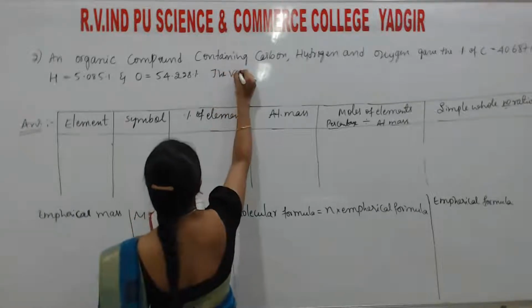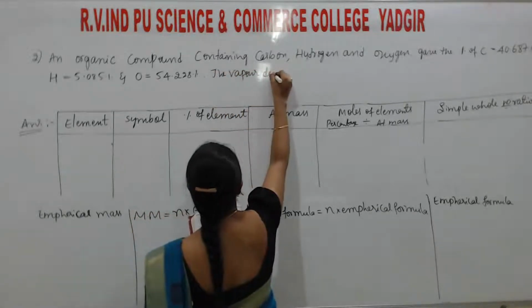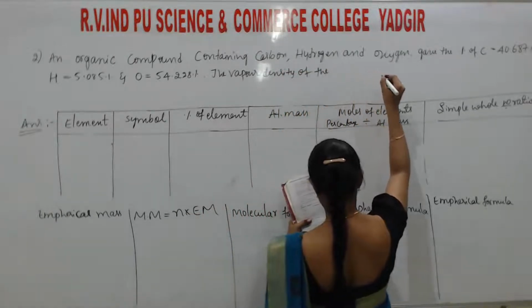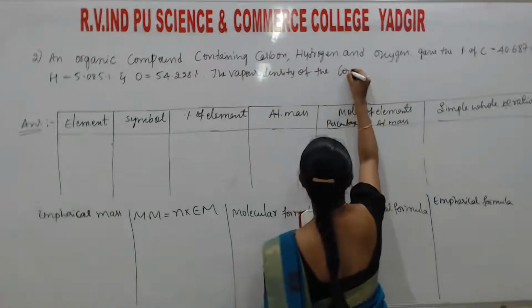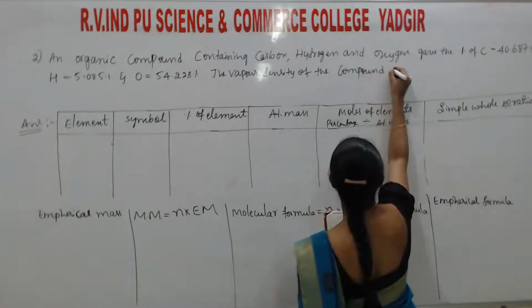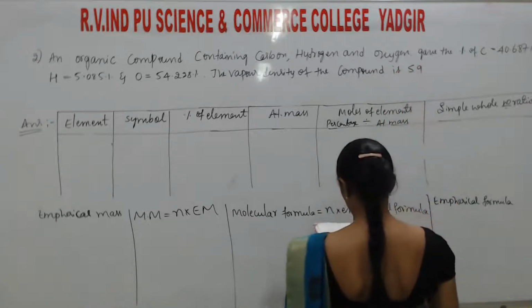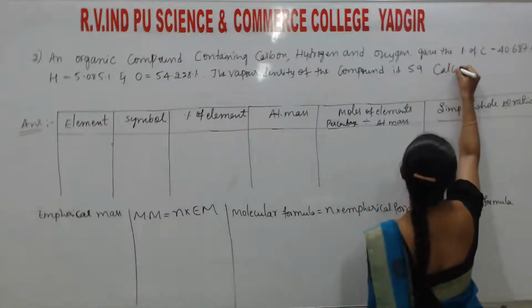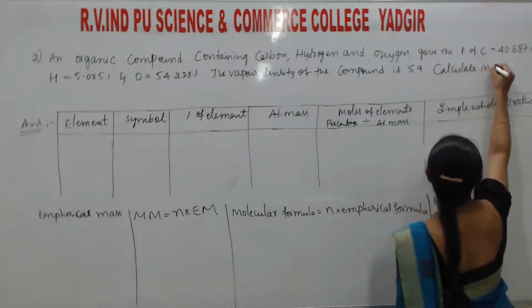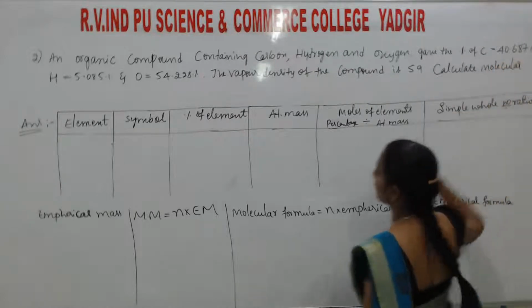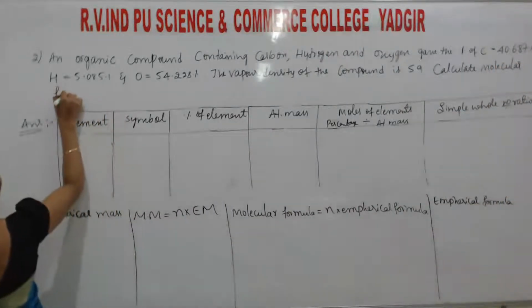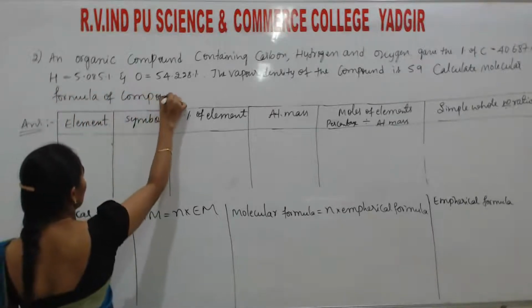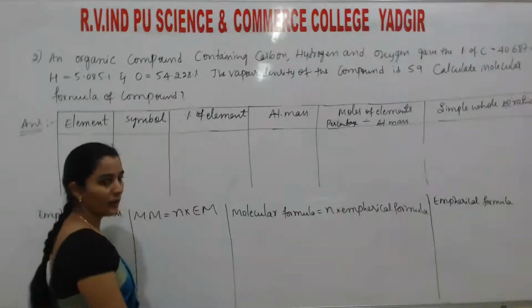The vapor density of the compound is 59. Calculate the molecular formula of the compound. Okay?